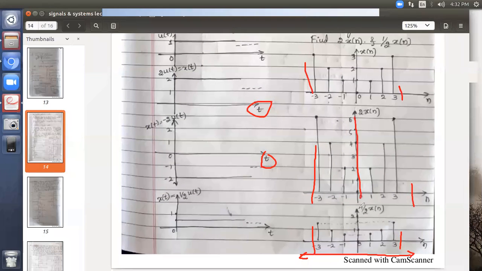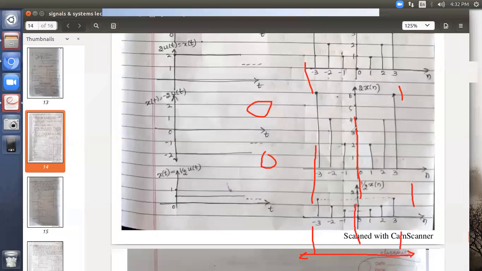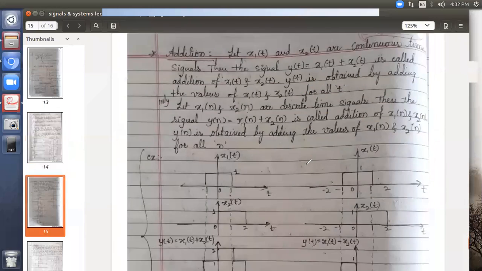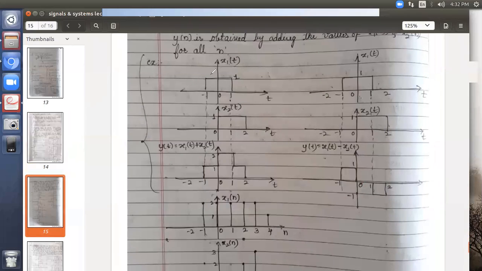Only amplitudes are getting changed. In the addition, the range is -1 to +2, and the result lies between these two only. The range remains unchanged; only vertically are things getting changed.